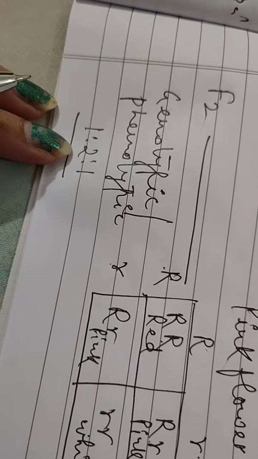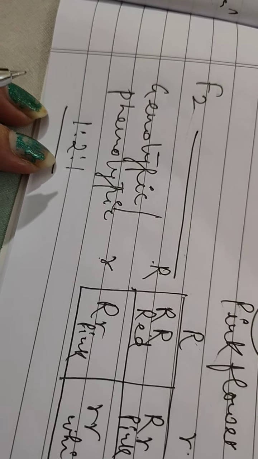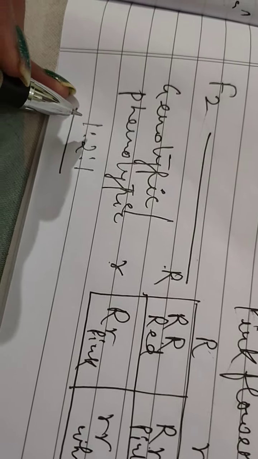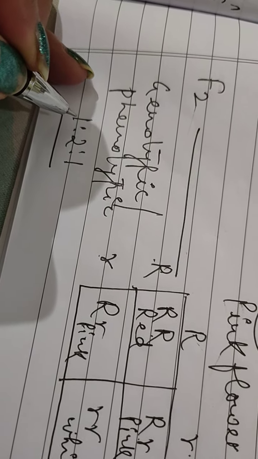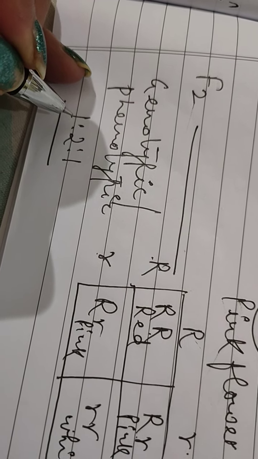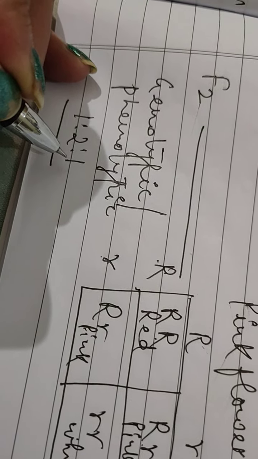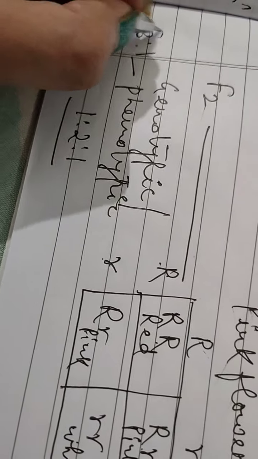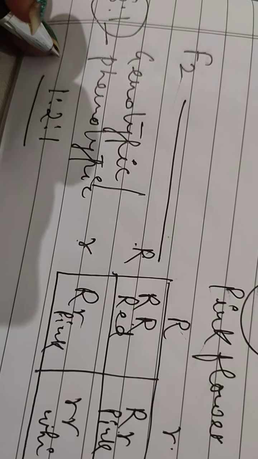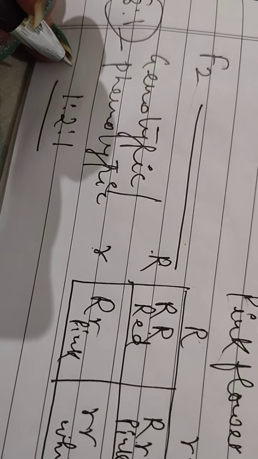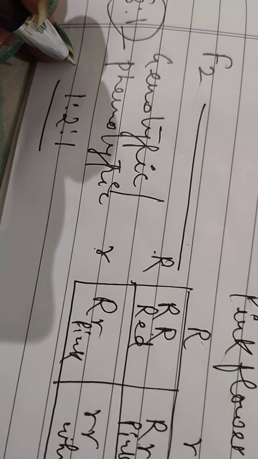But in Mendelian genetics, the law of segregation, you saw that the genotypic ratio is 1 is to 2 is to 1, otherwise the phenotypic ratio was 3 is to 1. So that is the difference. In incomplete dominance, genotypic and phenotypic ratios are the same, that is 1:2:1.